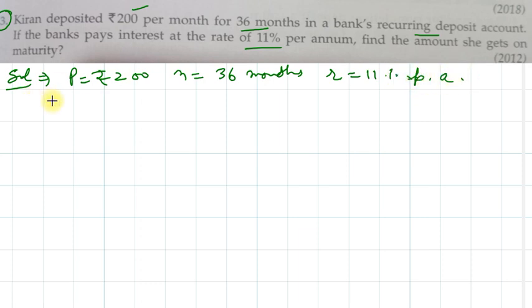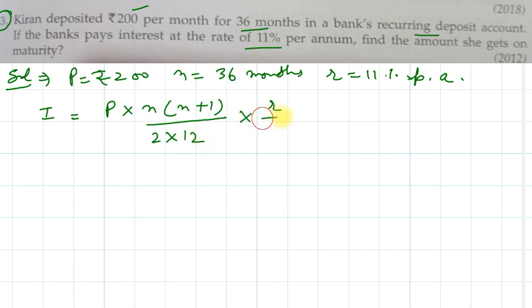So here again our interest would be P into N plus 1 upon 2 into 12 into R upon 100, right students?